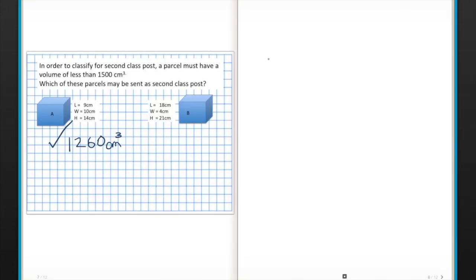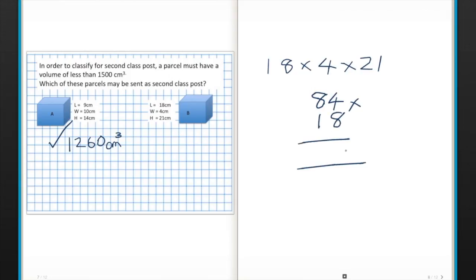Right, so this one we've got 18 times 4 times 21. So I'm going to do 4 times 21 first, which is 84. And then I'm going to times that by 18. Long multiplication, 0 down, 84. 8 fours are 32. 8 eights are 64, add the 3 is 67.